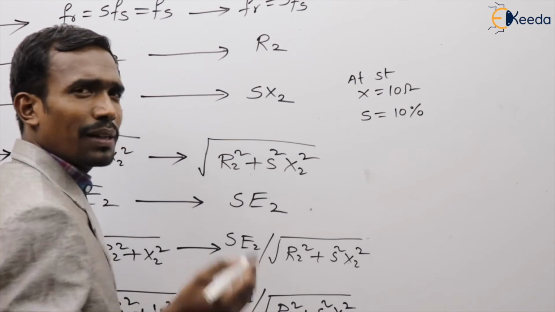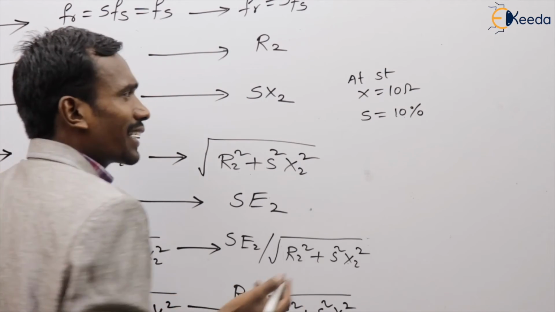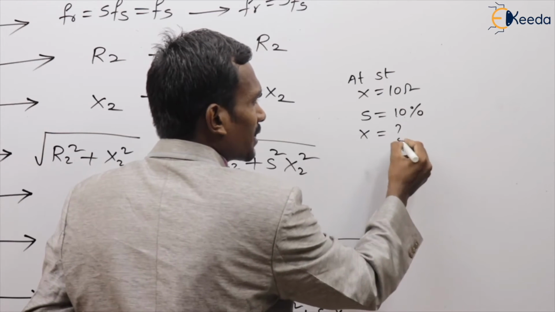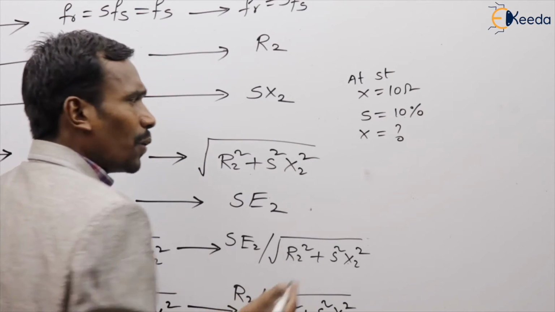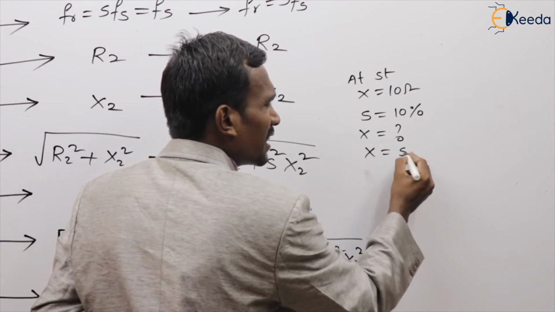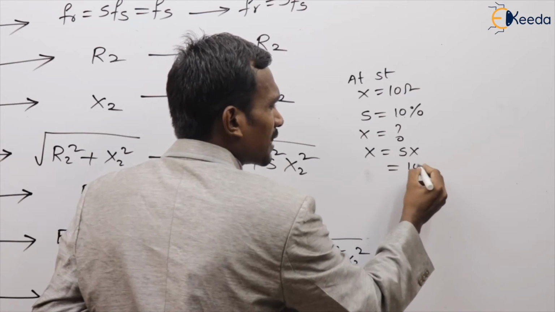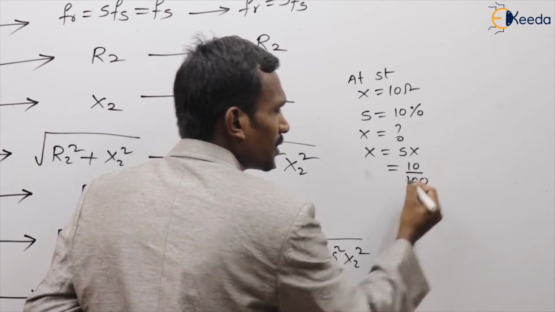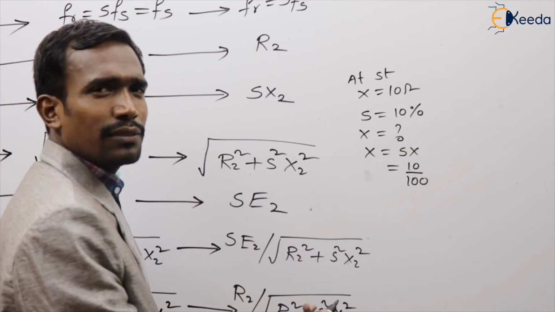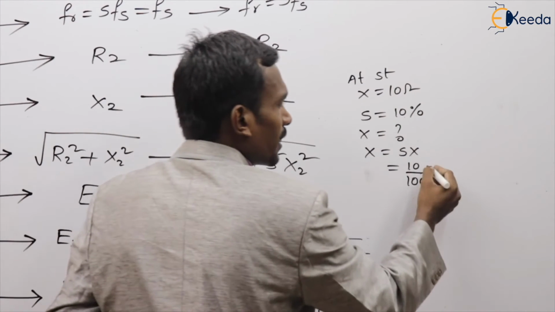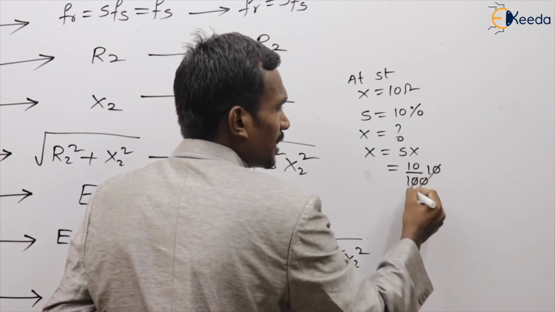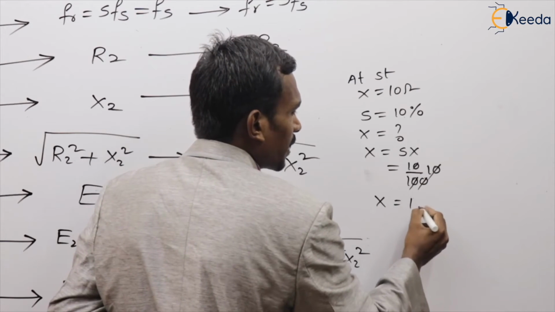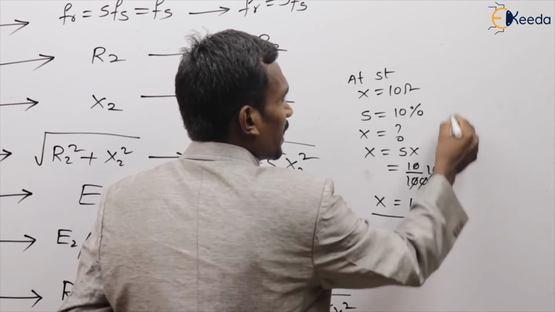Can you tell me the rotor reactance at running condition? S into X. S value is 10%, X value is 10. So what is answer? X is equals to 1 ohm at running condition.